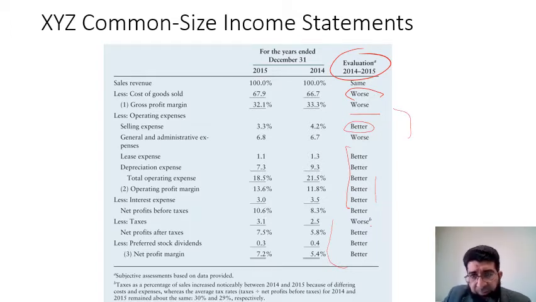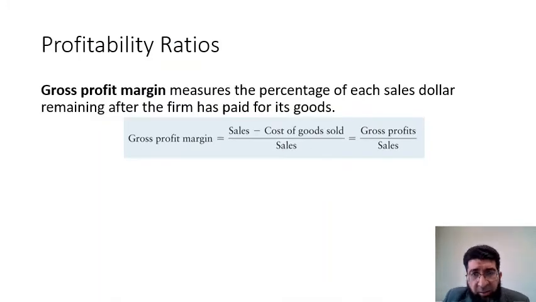So this gives us an idea to look at specific profitability ratios, and the one on top is the gross profit margin, which is sales minus cost of goods sold divided by sales. Basically, it measures the percentage of each sale remaining after the firm has paid for its goods.